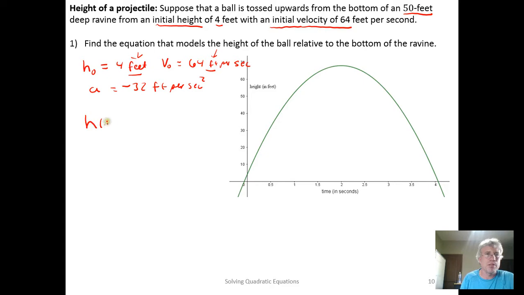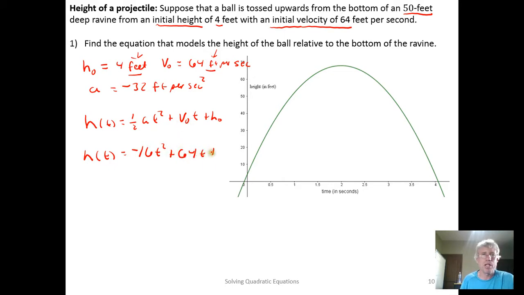Height as a function of time equals 1/2 acceleration times time squared plus initial velocity v naught times t plus h naught. And you just plug your numbers into your model where they go. H of t equals 1/2 of negative 32, which is negative 16, t squared, plus initial velocity 64, so plus 64t, plus h naught, the initial height of 4 feet.